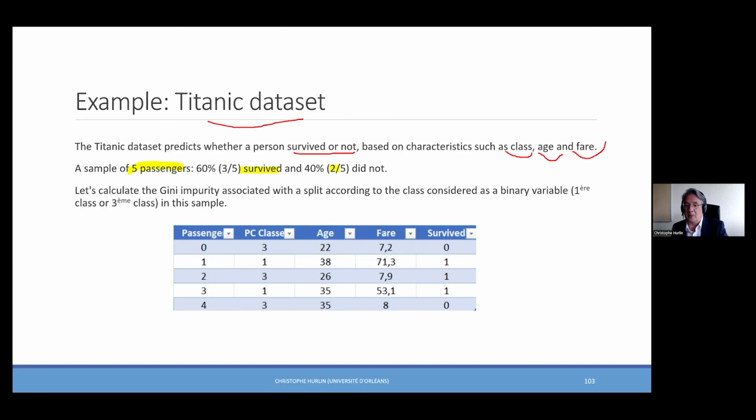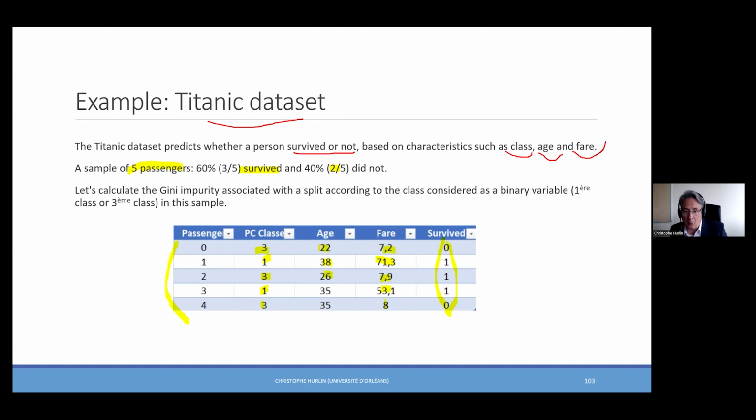So these are my passengers 0, 1, 2, 3, 4. For each, I have the class, third class, third class, third class, or first class, the age, the fare, the price of their ticket, and a binary variable that takes 0 if they did not survive and 1 if they survived, okay?